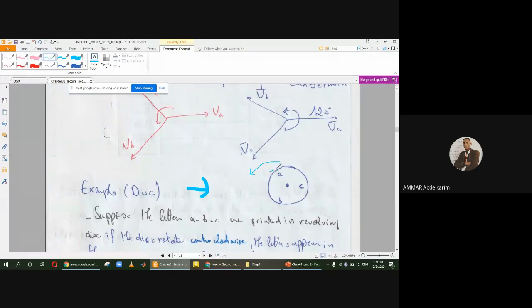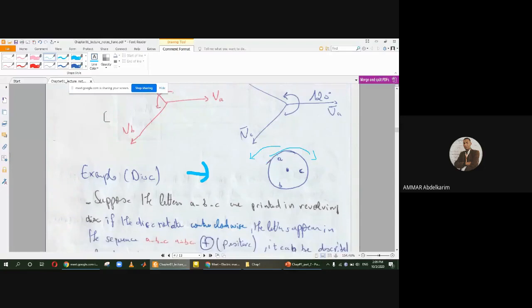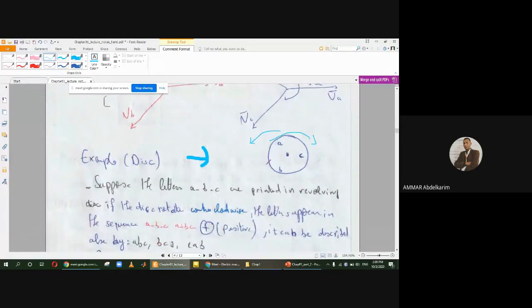And if we rotate this disk in the other direction, we are going to see A, B, C. So this is the meaning of the phase sequence. We can call this positive direction and this negative direction, but in rotation, we say clockwise or counterclockwise.